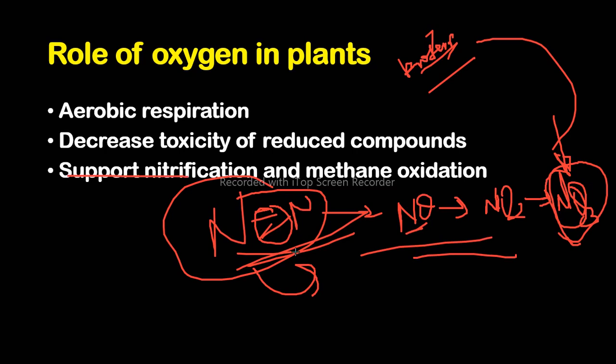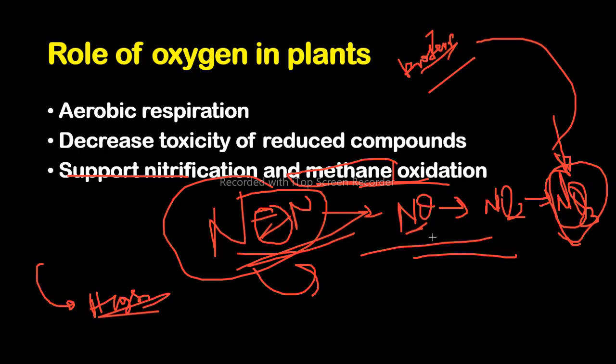Then with decomposition, you know that plants that live in boggy, waterlogged areas, where there is too much decomposition, produce methane, and this methane can damage the neighboring plants, the roots.